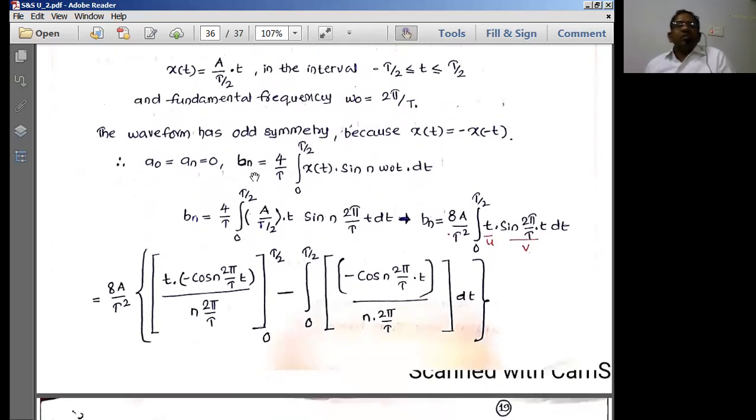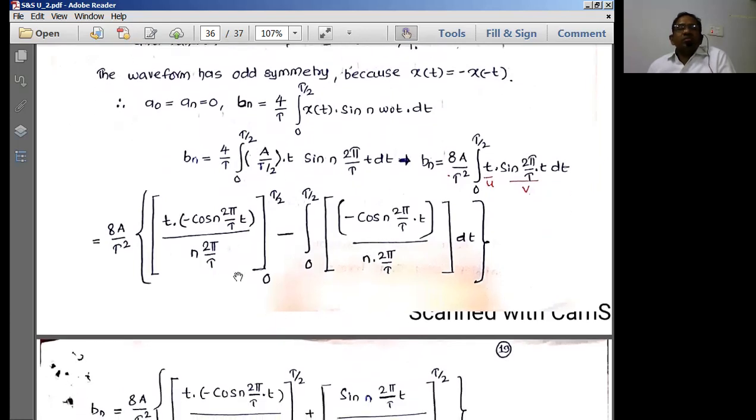Now you just have to compute the expression for bn here. So as usual with the previous case, we can have here 2 by T into 2 into the integral from 0 to T by 2. 2 into 2 becomes 4, x of t sine n omega naught t dt. So we simply solve this by a similar method.